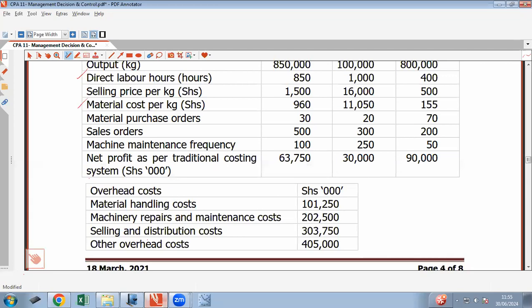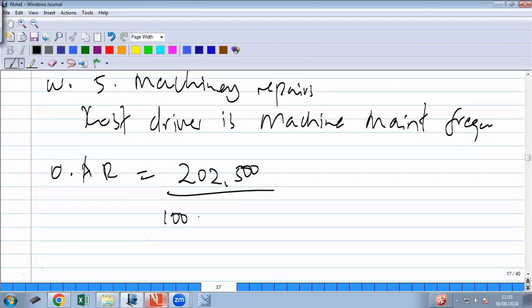We have 100 to 50, right? So we have 100 plus 250 plus 50. And what's our rate? Yes.